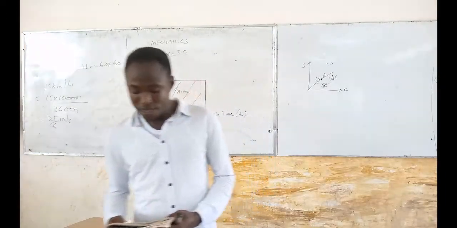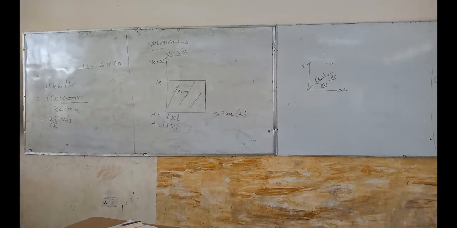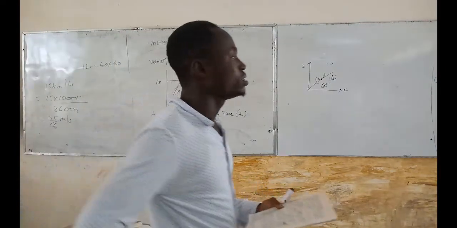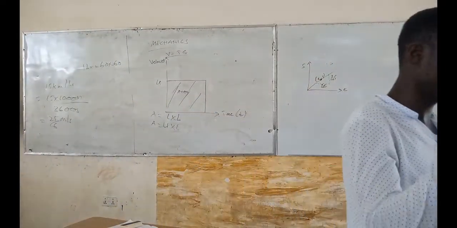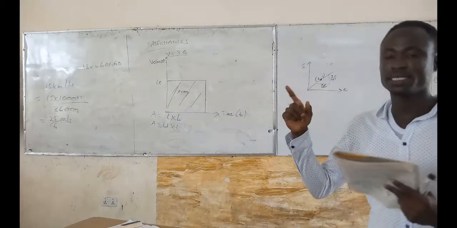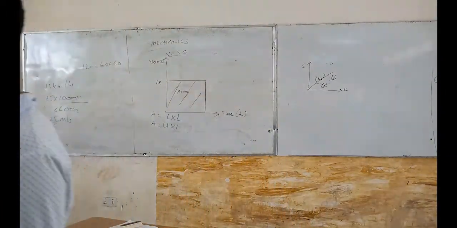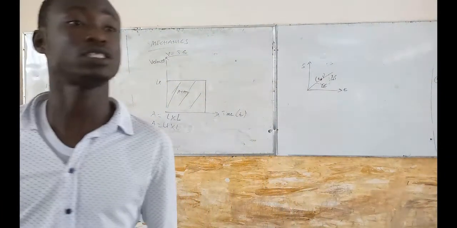The geometrical interpretation of a velocity time graph is that the area under the curve gives displacement.